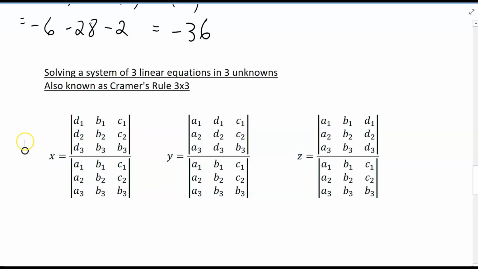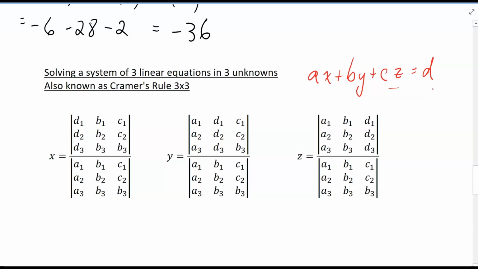The general form of the equation should be ax plus by plus cz equals d. So we've added one more unknown. The c is not the constant anymore. It's the coefficient of the third unknown, and therefore the constant now is d in this situation.